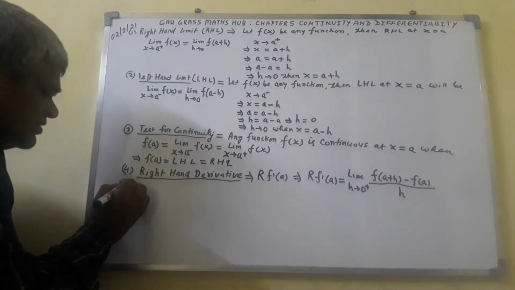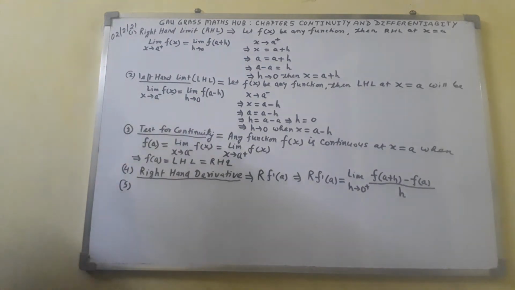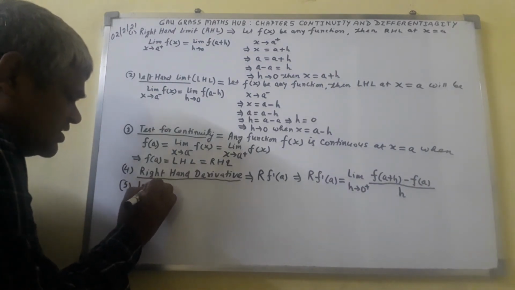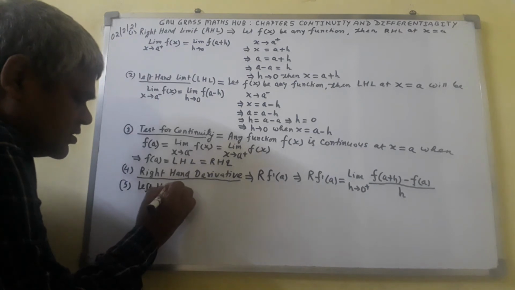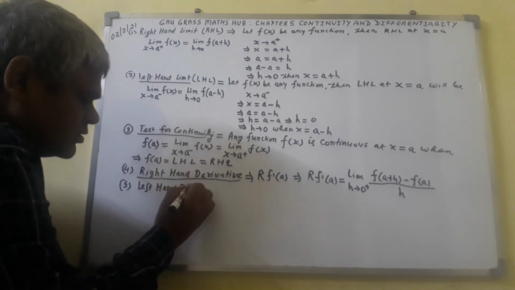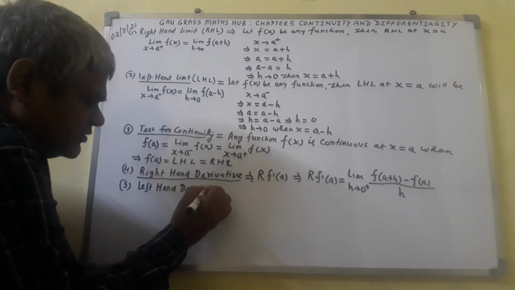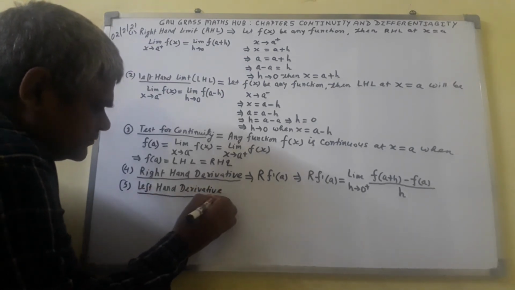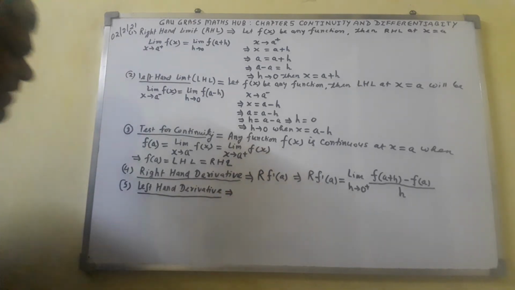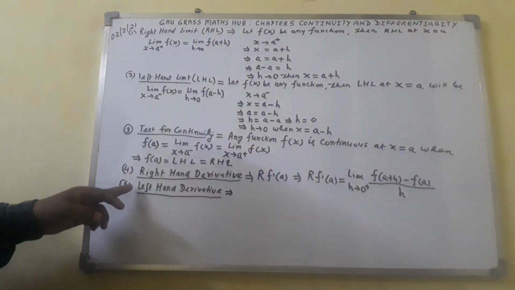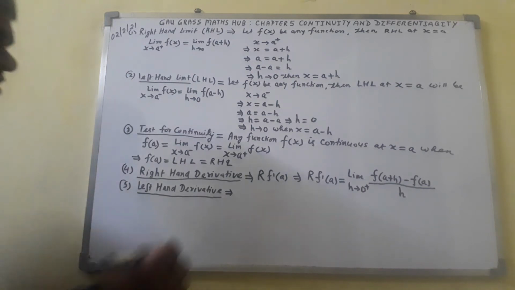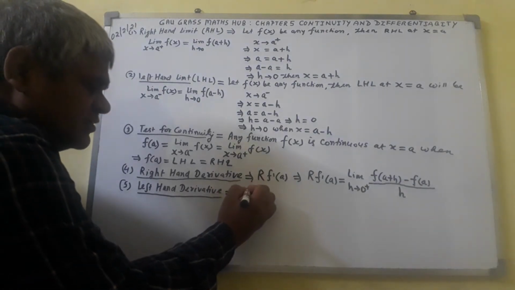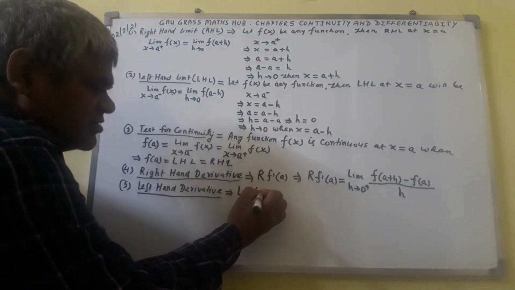Here I shall write 5. Left hand derivative. So for left hand derivative, here write left hand derivative. Left hand derivative can be represented as, here you can see capital L is there. So here write capital L. For derivative you can write f dash a.